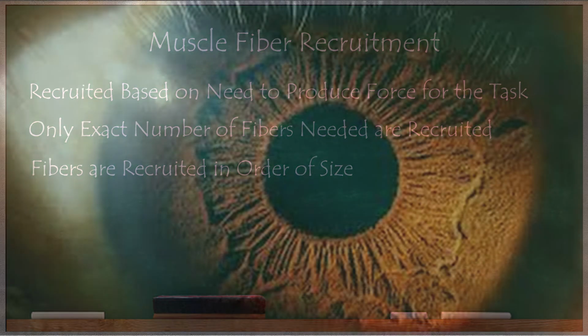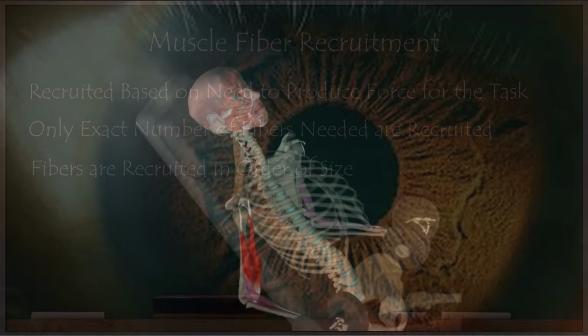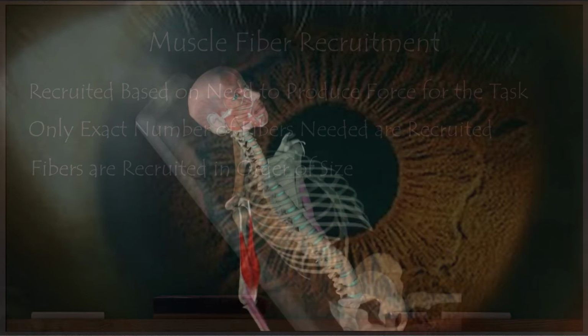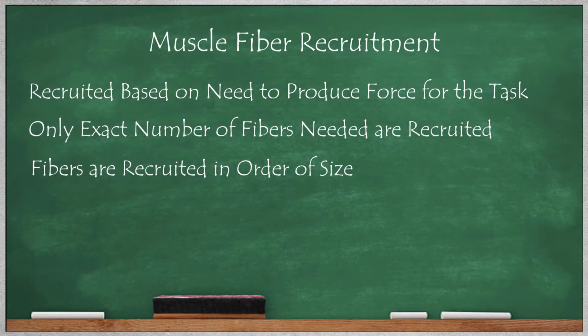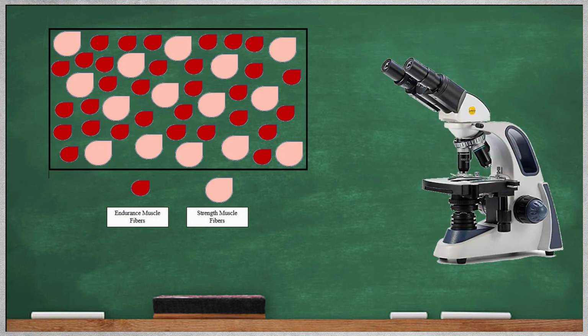To the naked eye, it looks like the whole muscle is being activated or contracting, but in reality, only the amount of muscle needed to produce force is contracting, and the rest of the muscle fibers are just going along for the ride. They're at rest and not producing force. Under a microscope, endurance fibers are the smallest and produce the least amount of force. The other type of muscle fiber, strength fibers, are larger in size and produce significantly more force, but are only recruited if necessary.